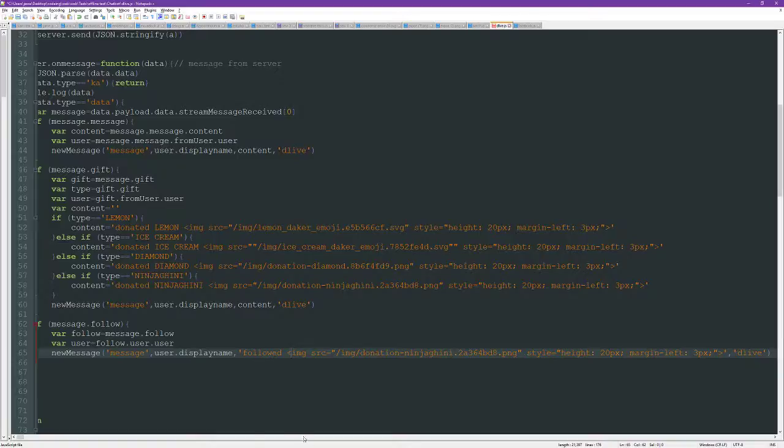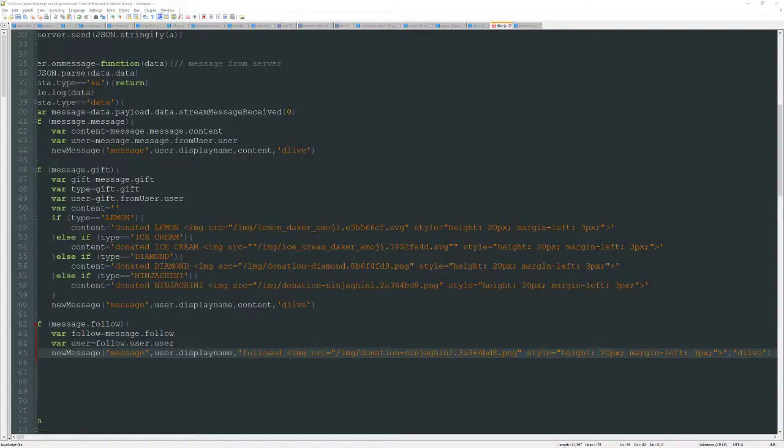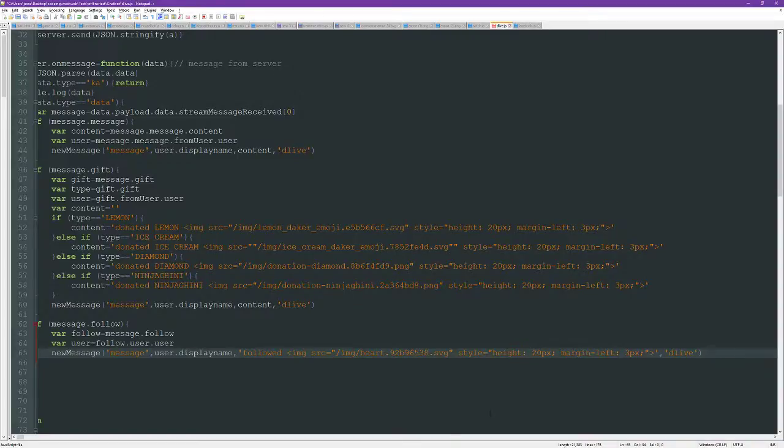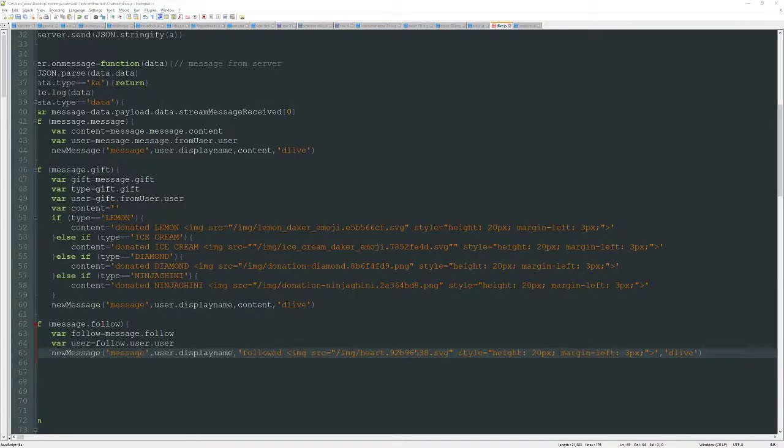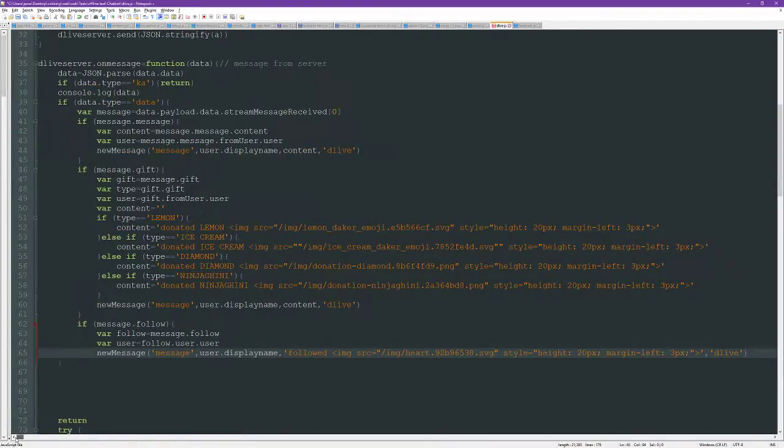Followed. And do the heart icon. Oh. Okay. Just double check. Yep.